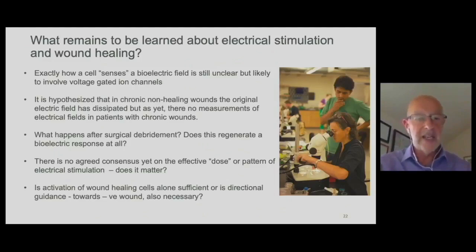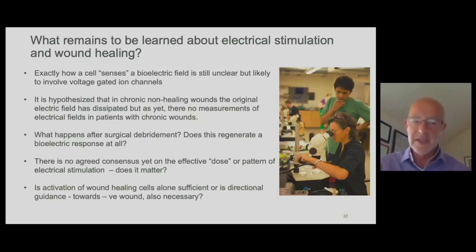I guess it's really a hypothesis that in chronic, non-healing wounds, the original electric field, which must have occurred when the wound was fresh, has long since dissipated. But actually, that's not been proved in clinical studies with measurements in patients' wounds.